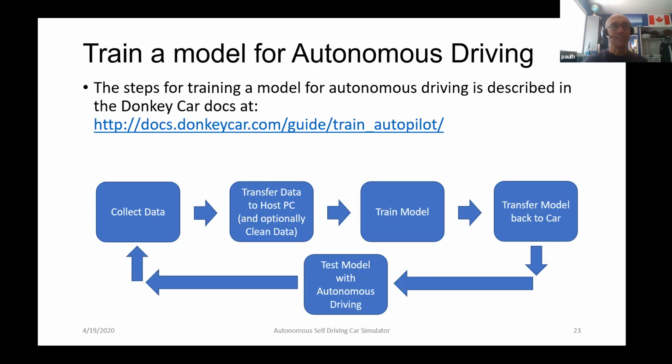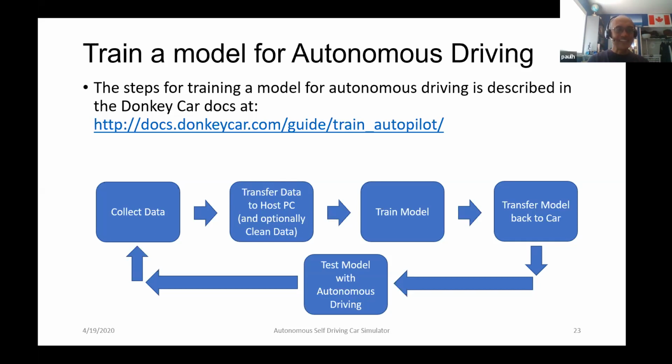If you don't record yourself going off the track, or you erase the records with your erase-last-100-records button on your gamepad, and then you record yourself coming back on the track, you start building a really good data set for your model to learn from.